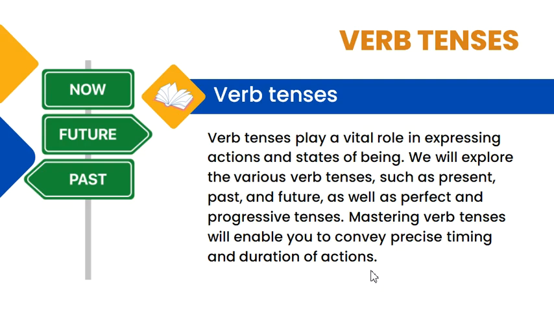Verbs are words which communicate the action or what happened to the subject. And when we talk about language, we speak in three tenses: whether it's now, or future, or past. A verb tense plays a vital role in expressing actions and state of being.